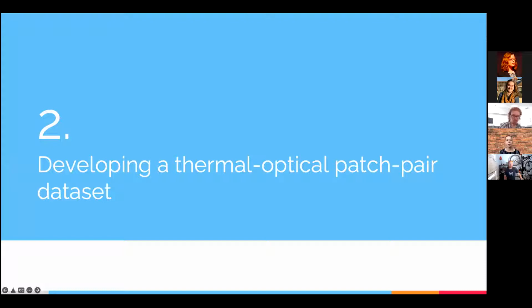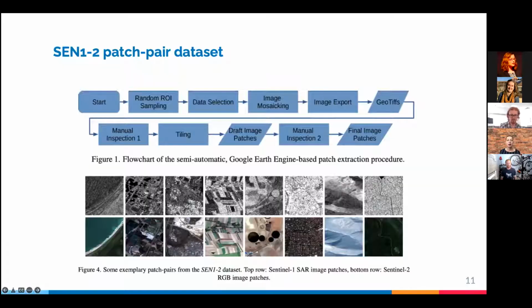Okay, next I'm going to talk about developing a thermal optical patch pair dataset, which took up most of the first semester of my thesis project. So I based my methodology off of the SEN1-2 patch pair dataset.